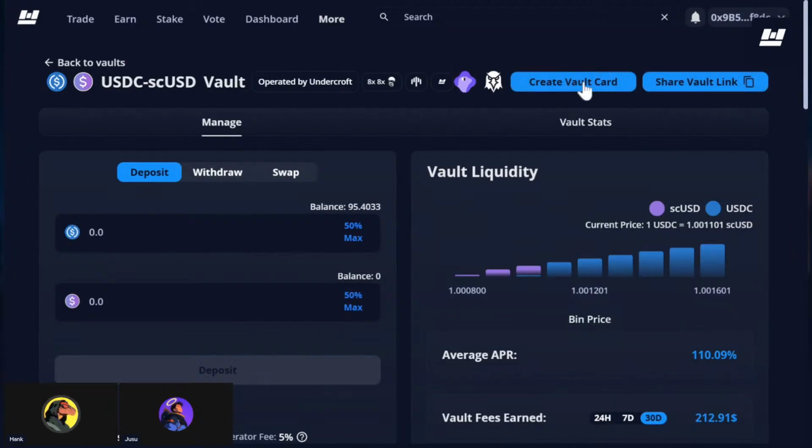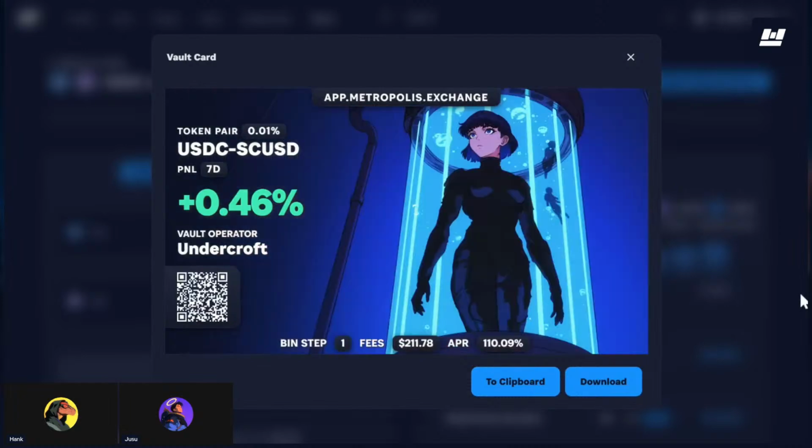But you can also create a vault card. This is still going to change a little bit in layout, but it's going to be very similar. What you can see here is the token bearer, the 7-day P&L, and who is operating it. And then down here, you have some more information.